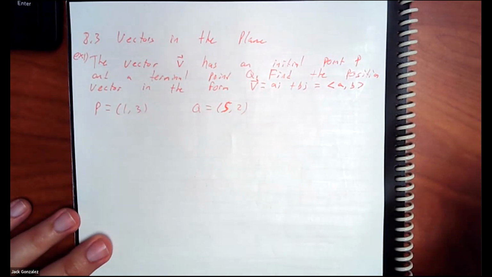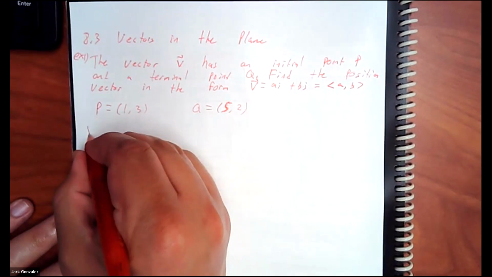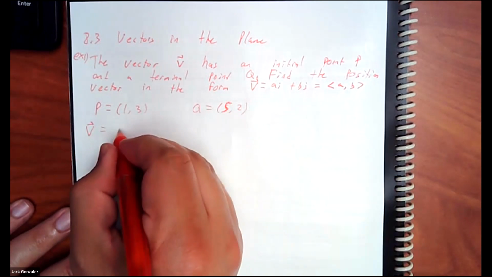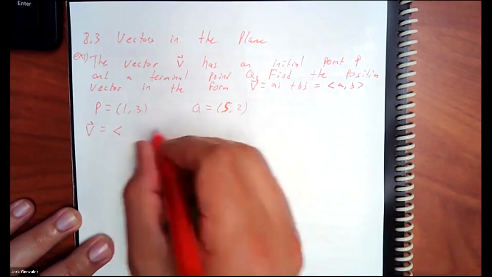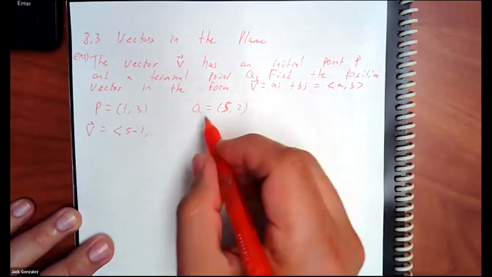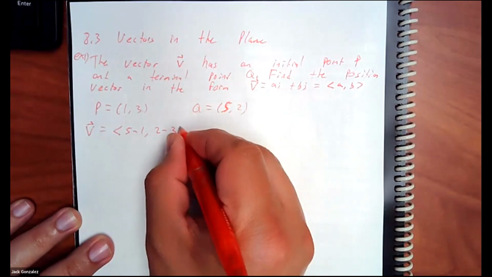Now, what you do is pretty simple. Vector v that goes through these points will basically be 5 minus 1, comma 2 minus 3.